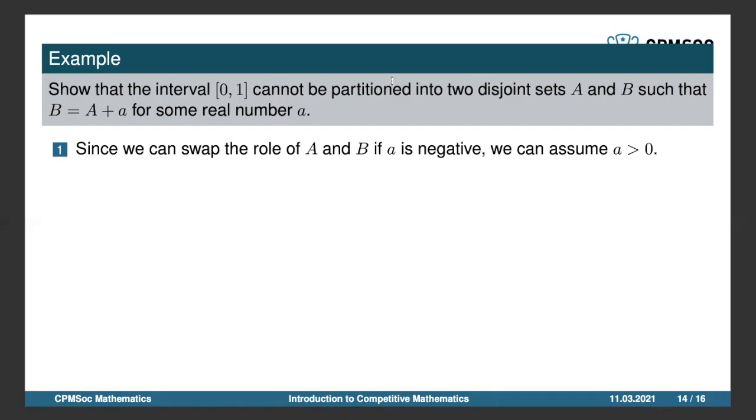Now, to start this off, we need to think about what we're trying to accomplish here. We're trying to show that it cannot be partitioned into two sets, which is basically a blanket statement of saying it is not true that it can be partitioned. So rather than showing that it cannot be partitioned, we can do the opposite.